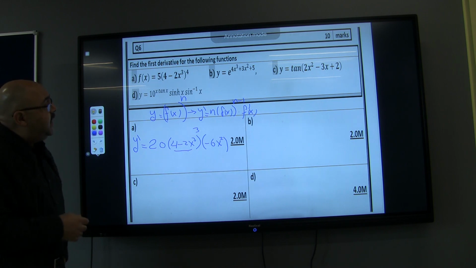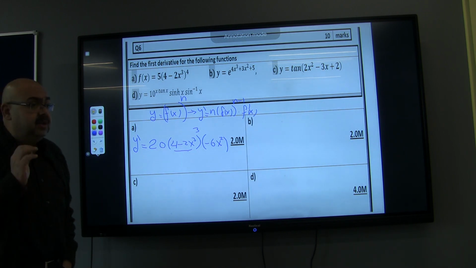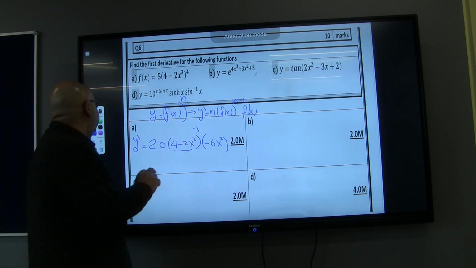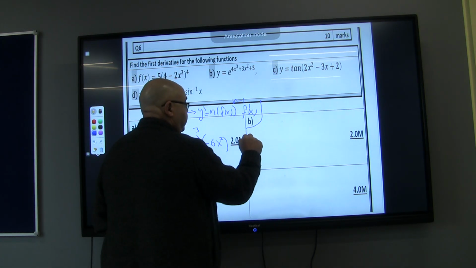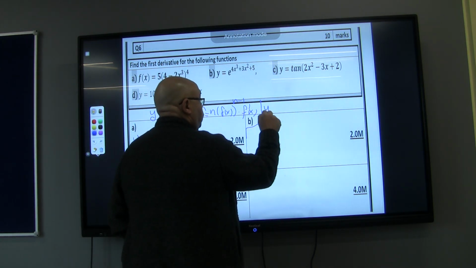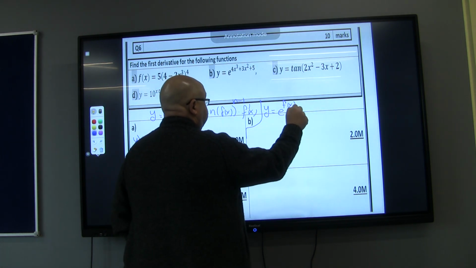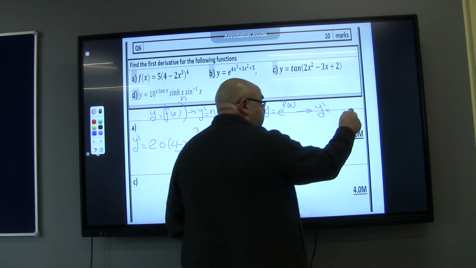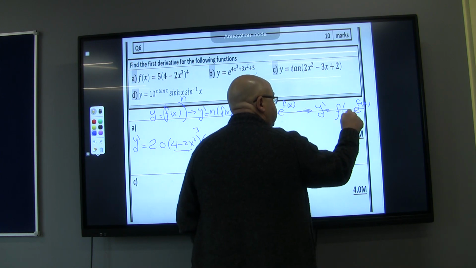If I come to the second problem, which is also a very important problem, the idea behind it is how to differentiate exponential functions, which is also very simple. All you have to do is remember that if I have y equal to e to the power of f of x, simply the derivative will be the same function, e to the power of f of x, times f dash x.